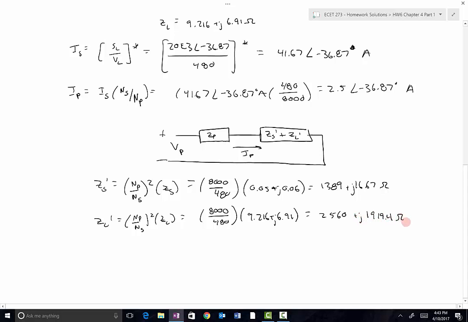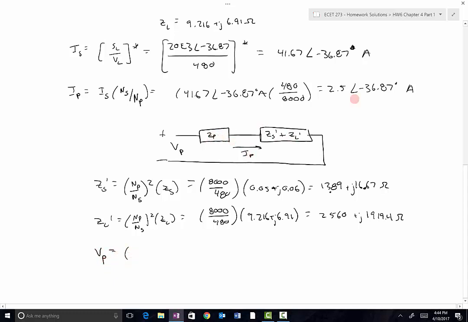So my dot got kind of lost there. So 13.89 plus J 16.67 for ZS prime, and ZL prime is 2,560 ohms plus J 1919.4 ohms.